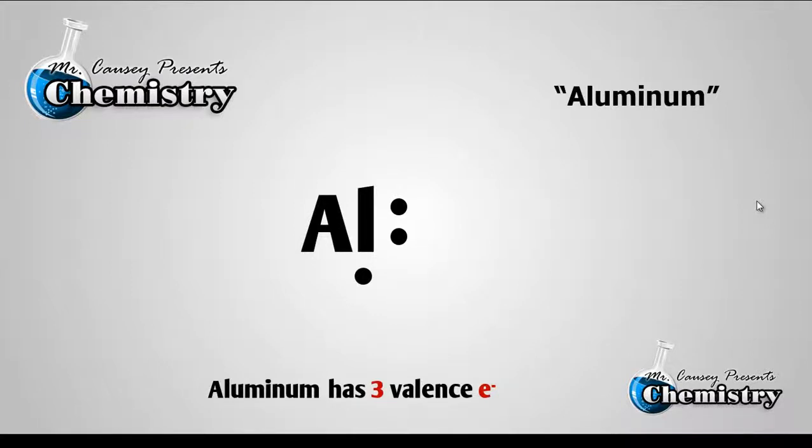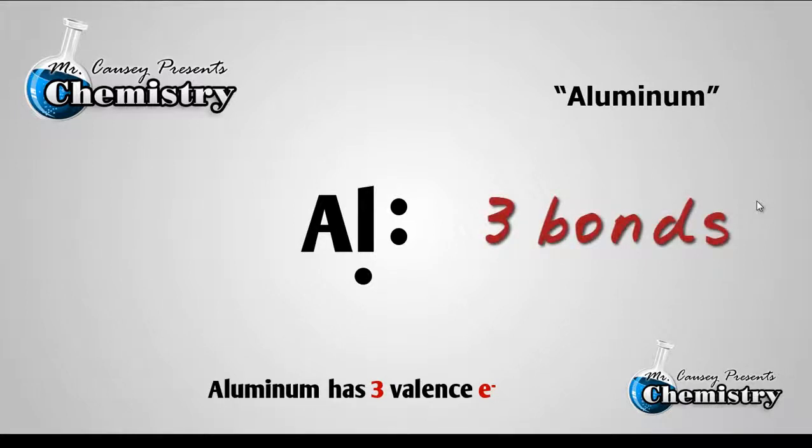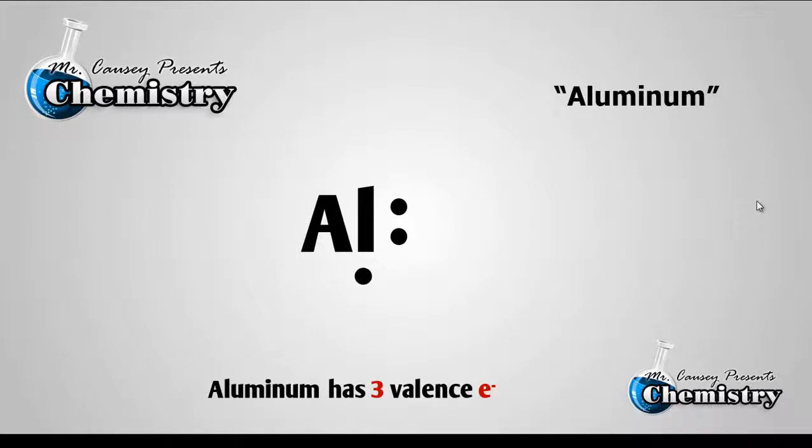And this helps me to understand that aluminum is more than likely going to give up those 3. It's easier to give up 3 than to gain 5. So it's going to tend to have a 3+ or a 3 positive charge. Also, aluminum tends to have 3 bonds. Makes a lot of sense when I look at the Lewis dot symbol.